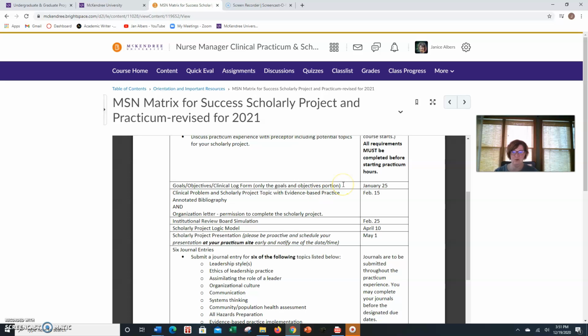So we're starting out with the goals and objectives and the clinical log, and this is a two-part form. In the beginning, they'll develop their goals and objectives in conjunction with their preceptor, and they need to have that done early on in the course. Ideally, that should be done before they get started with any of their practicum hours, so they know what direction they're going into.